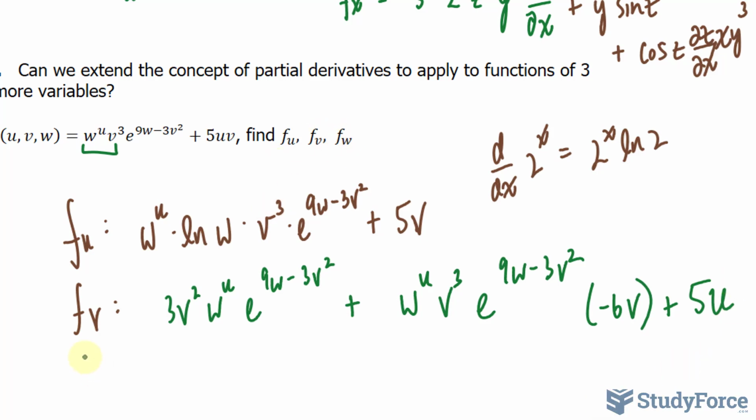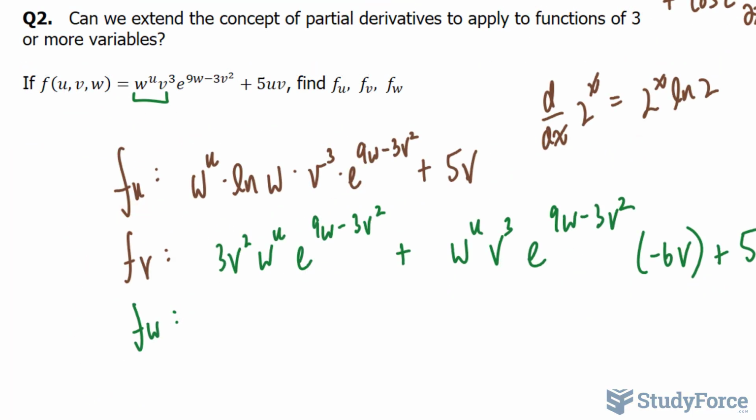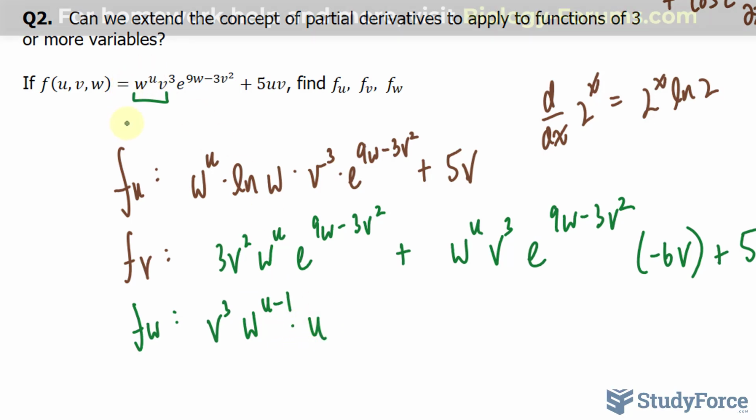And lastly, f sub w, we'll take everything that's not w as a constant. So starting here, we once again have to use the product rule. So we'll consider this as one factor and this as the other. Taking the derivative of this, we end up with v to the power of 3, w to the u minus 1, and it's being multiplied to u because we bring the u down. We're using the power rule.